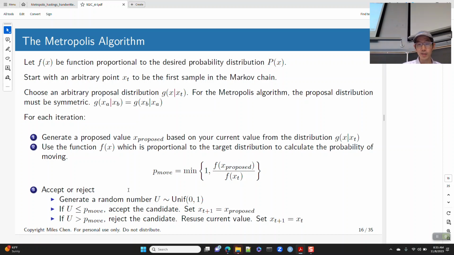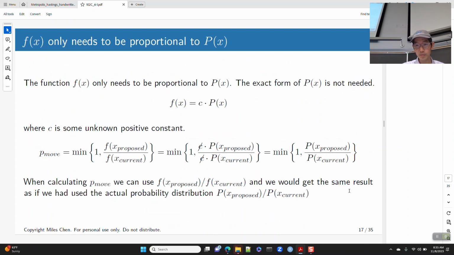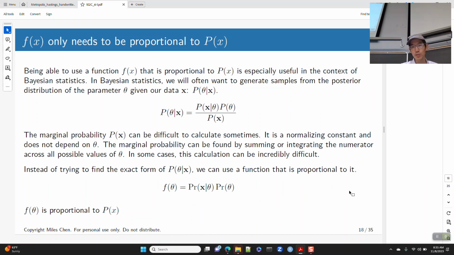And if our u is greater than p move, we will reject the proposed location, and we'll reuse our current value. All right. So we talked about this. F of x only needs to be proportional, which is very helpful in Bayesian contexts.